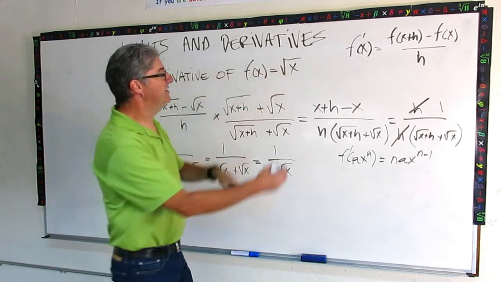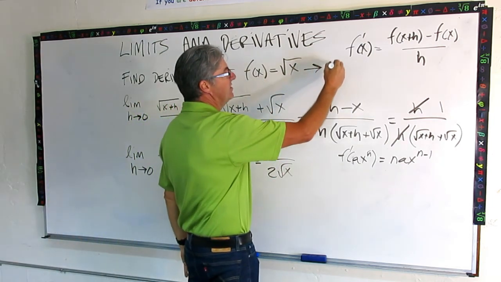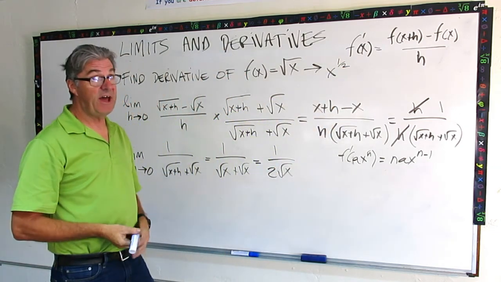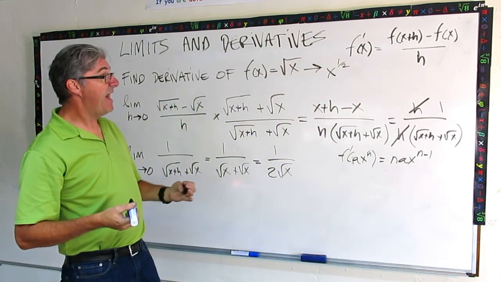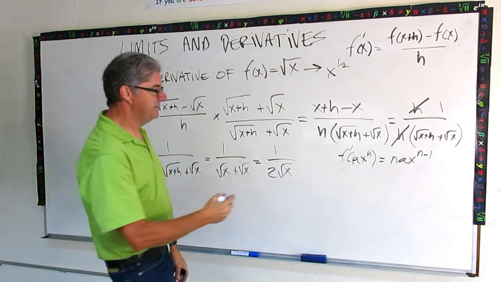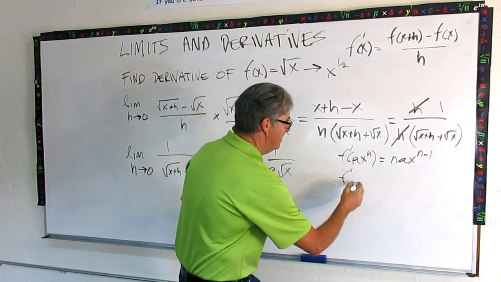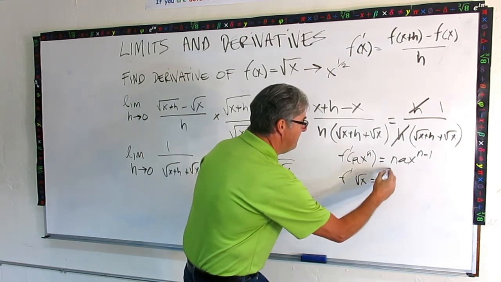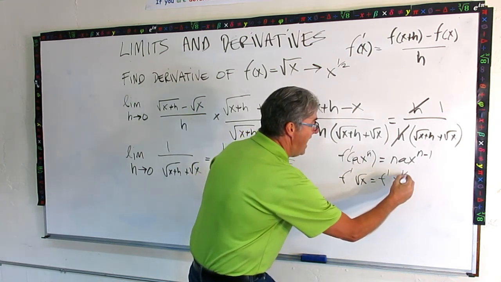And the square root of x is the same as saying x to the 1/2 power. That's from exponents, something that you've had previously. You just have to know that so that then you can analyze f prime of root x is the same as f prime of x to the 1/2 power.